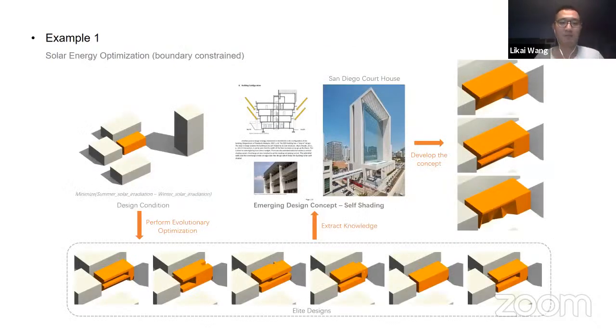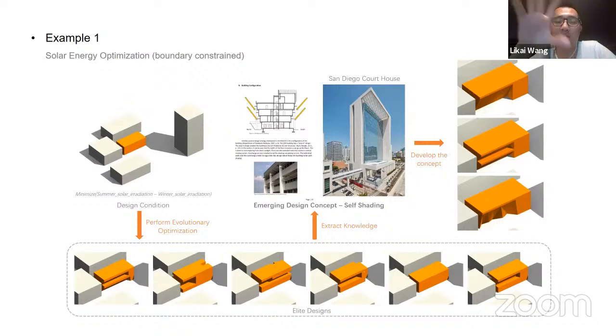Tomorrow I will give you some examples based on our mock design project. But here I will give you three very simple examples I drew up during my PhD. The first example is solar energy optimization, which means that I try to increase the solar irradiation received by the building in the winter and reduce the solar irradiation received by the building in the summer.